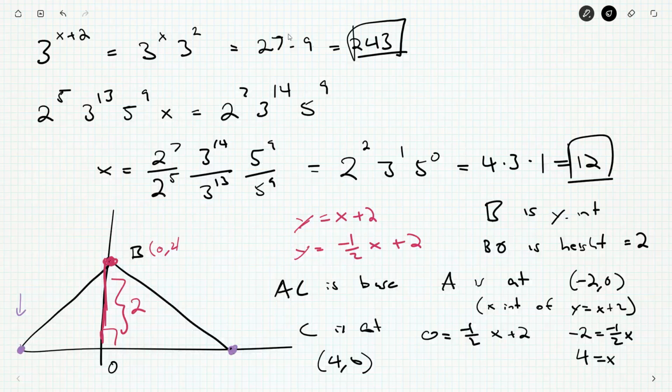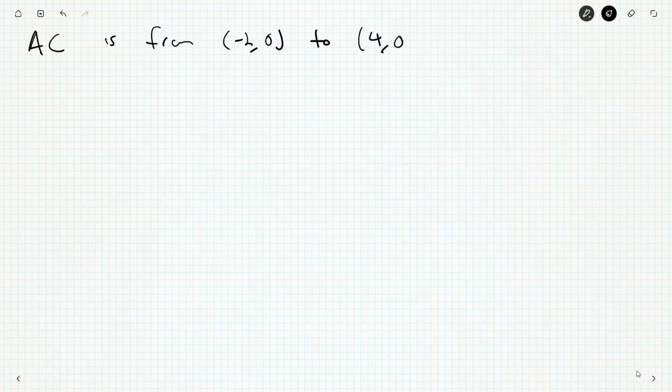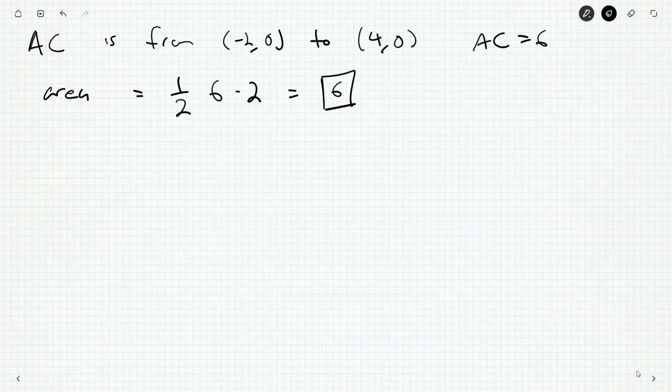And so now, well, I need to move on to the next page. I've crammed enough in here. But I can figure out the distance AC, from negative 2, 0 to 4, 0. So AC is 6. And the area, which is what they want, is 1/2 base times height. Area of our triangle is 6.